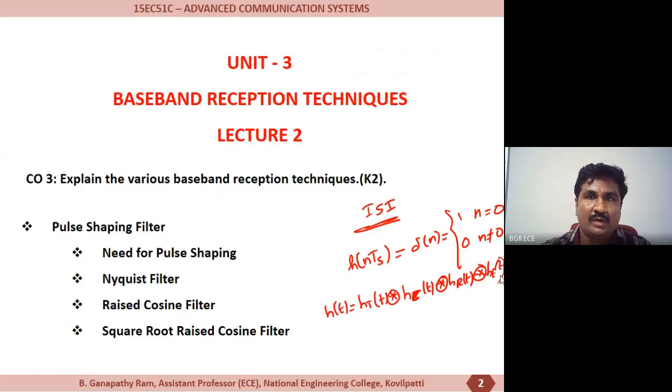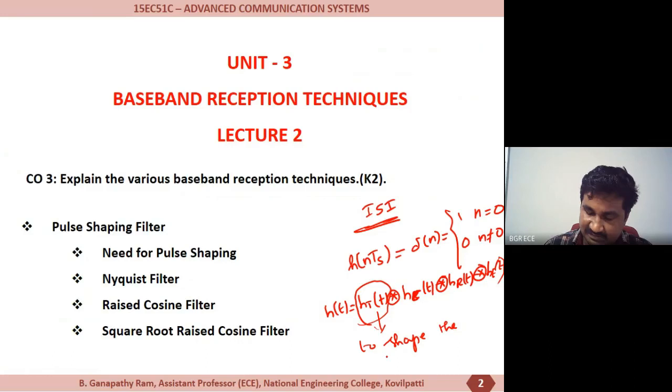Now, what we are going to discuss in this lecture is the contribution of the transmit filter in eliminating the intersymbol interference. We are going to use this transmit filter to shape the pulse, which is used for transmitting the information.